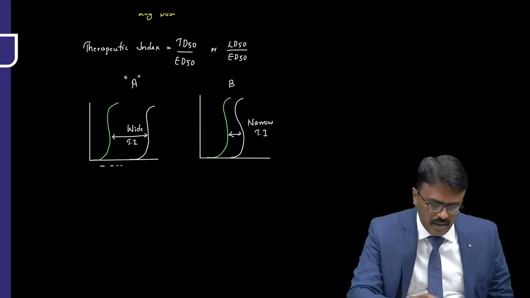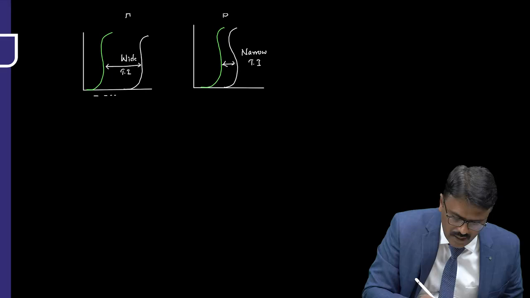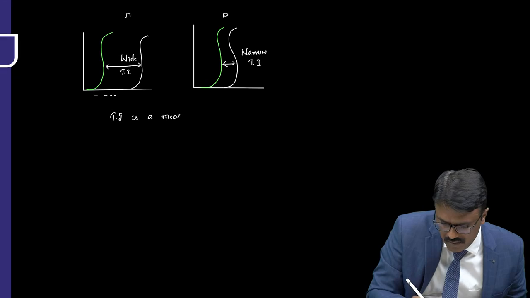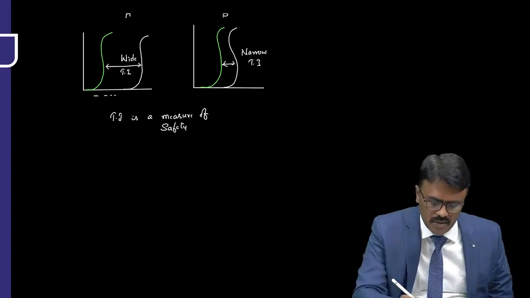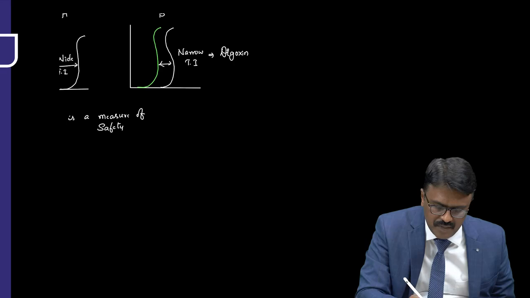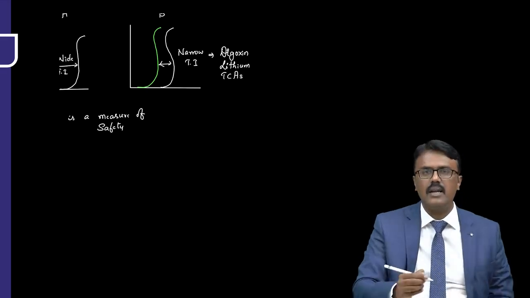So therapeutic index is going to measure a parameter. So they can ask in the exam, therapeutic index is a measure of what? It's a measure of safety. Therapeutic index is a measure of safety. Please write that down. So what are the drugs which have narrow therapeutic index? Examples are digoxin, lithium, and TCAs. TCA stands for tricyclic antidepressant.